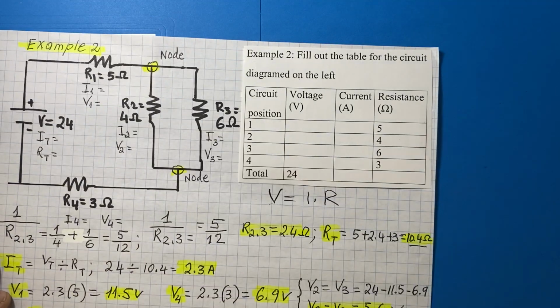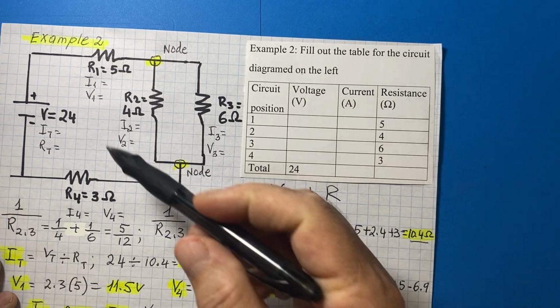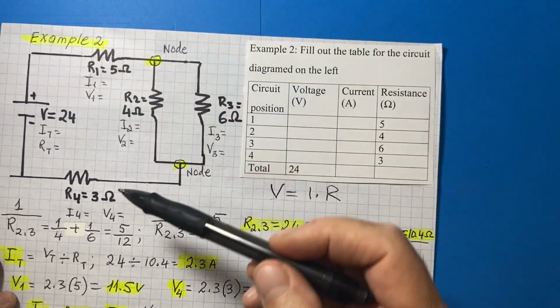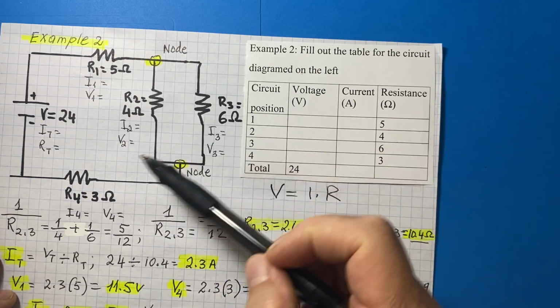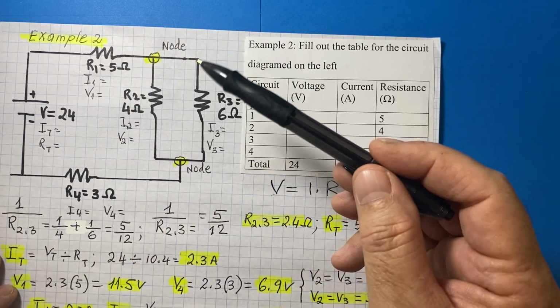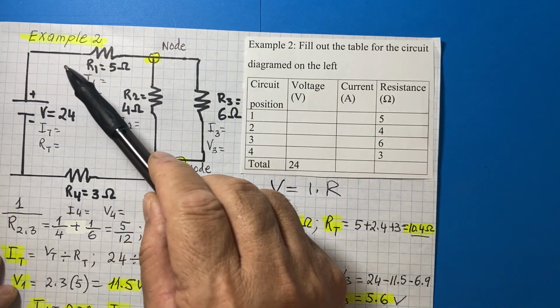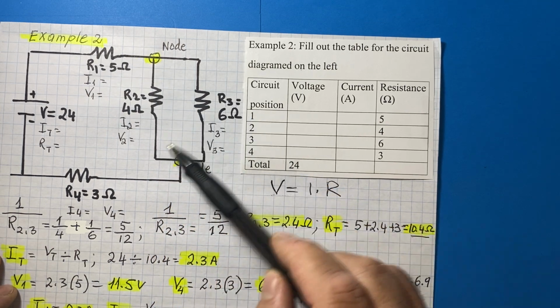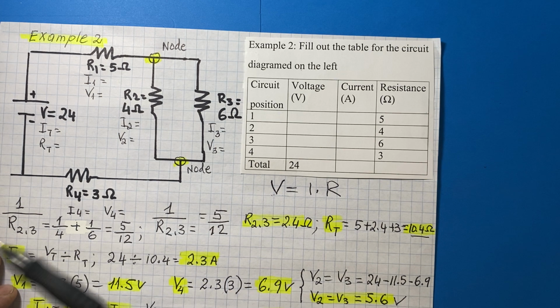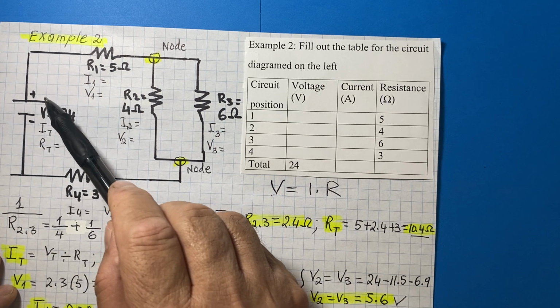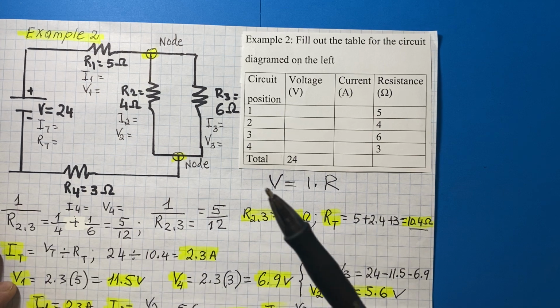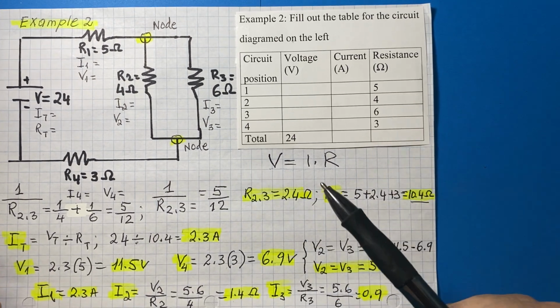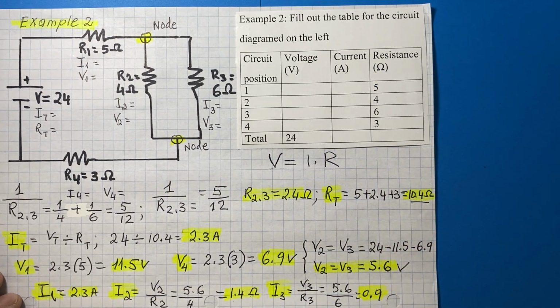Example 2. We have a more complicated circuit here because we have 4 resistors. We have R1, 5 ohms, R2, R3, and R4. Total voltage at the source is 24. Now let's fill out the table for the voltage, current, and resistance.